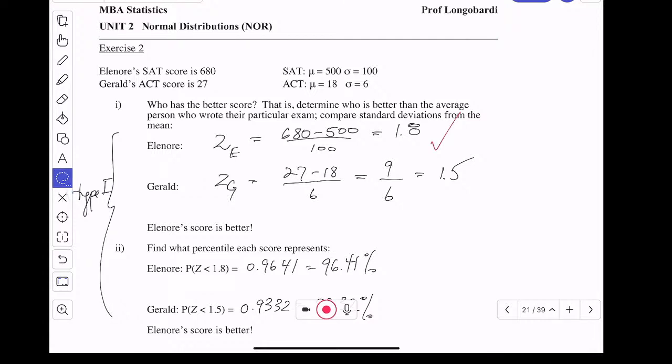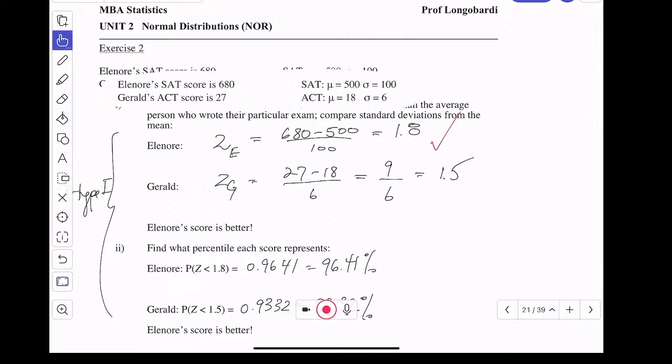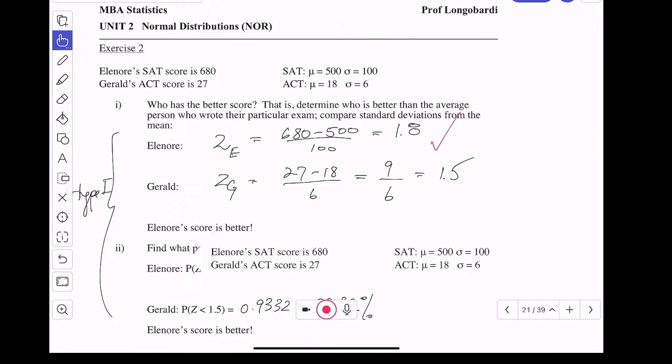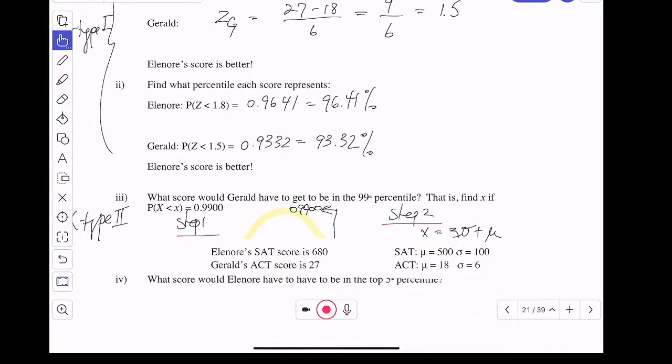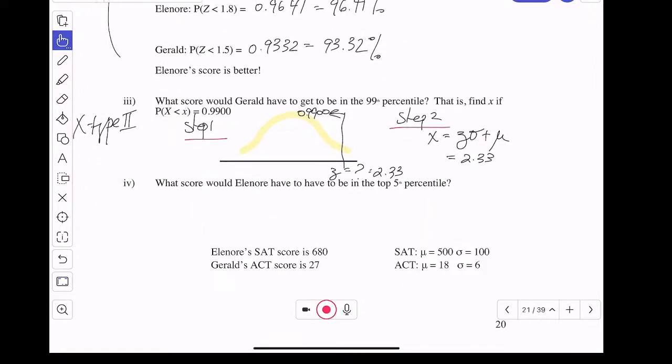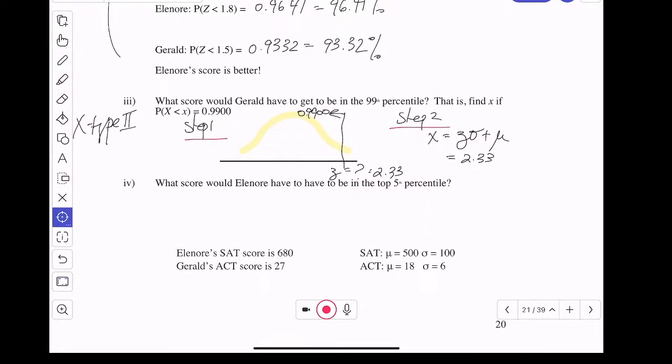So we want, let's take the whole thing down. Put it here. All right, so I want this for Gerald, so I got to go here. 6 is the standard deviation, plus 18.